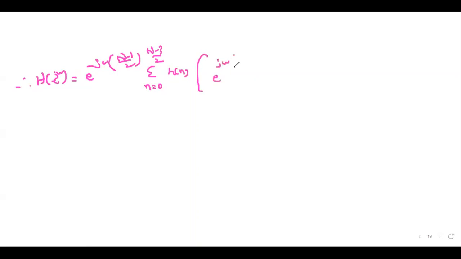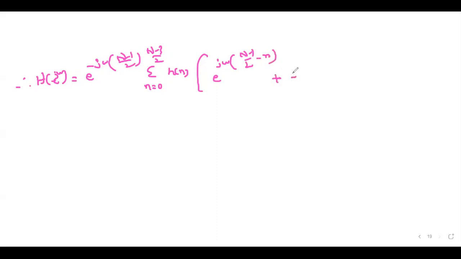Therefore H(e^jω) is equal to e^(-jω(N-1)/2), we have taken common from the summation n = 0 to (N-3)/2 of h(n). Taking e^(jω) common, it is (N-1)/2 - n.